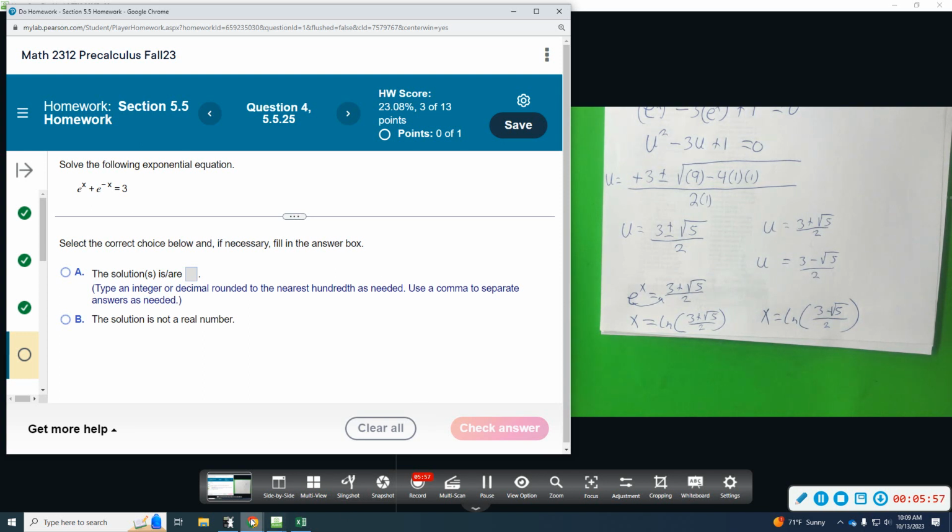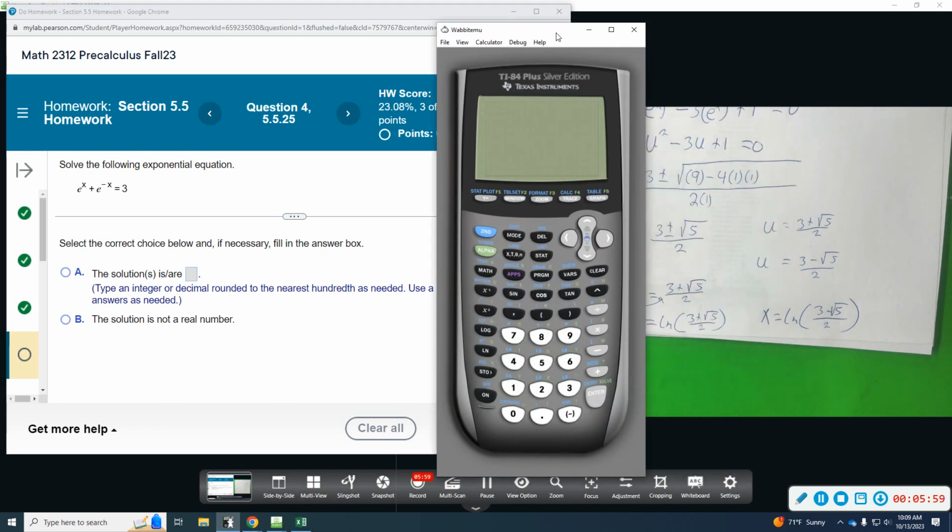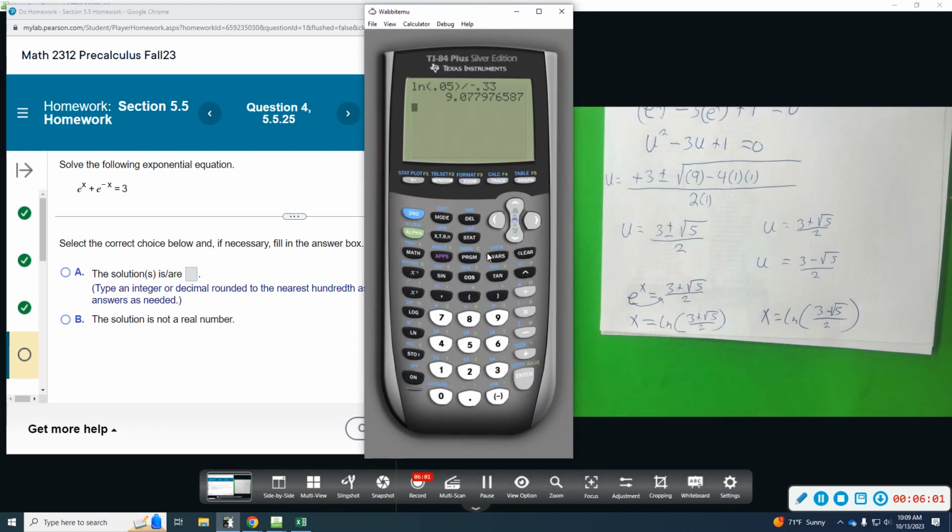And so again, I will need the calculator to evaluate this for me. I'll turn this on, and I'm just going to type ln, and then alpha y equal enter. If you don't have the operating system, just make sure you do the numerator in parentheses, add an extra set of parentheses.